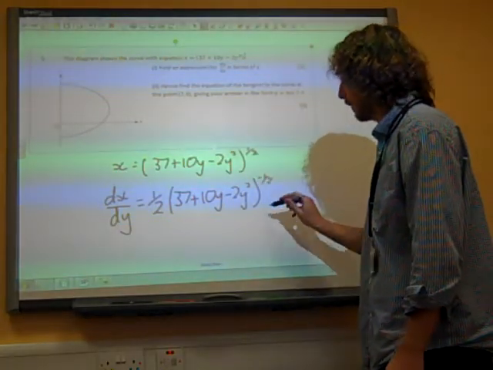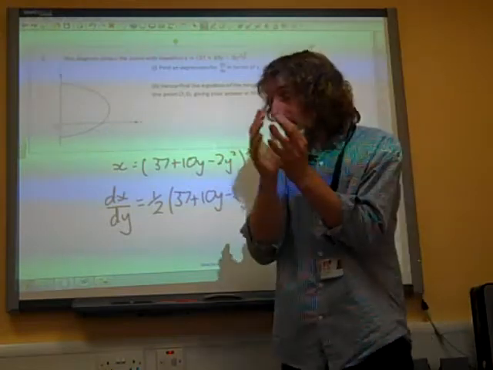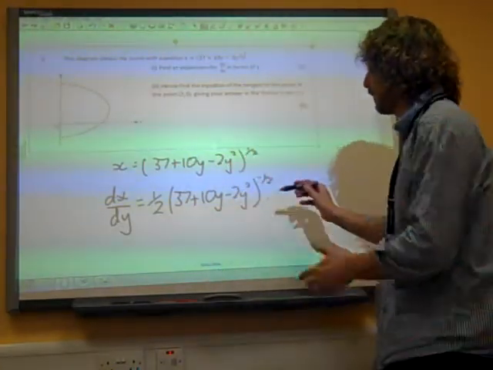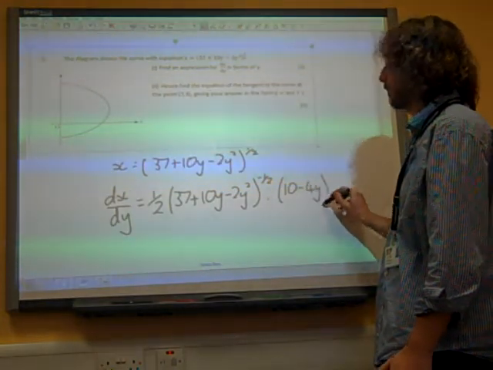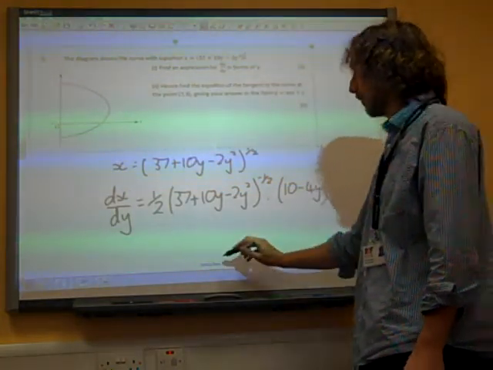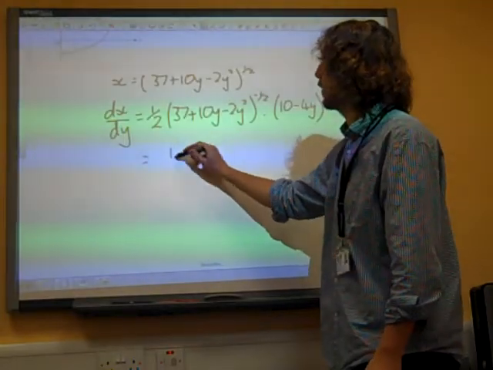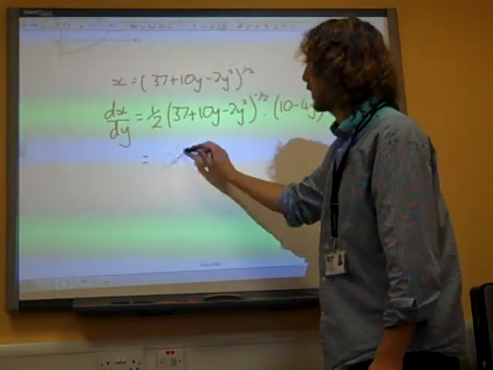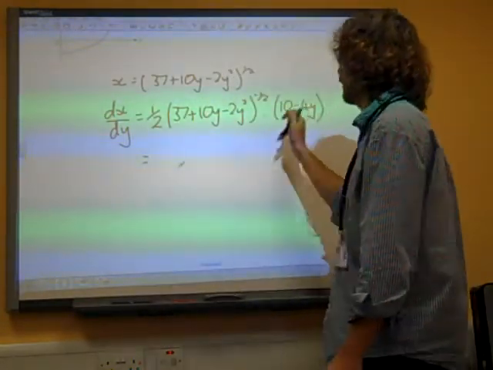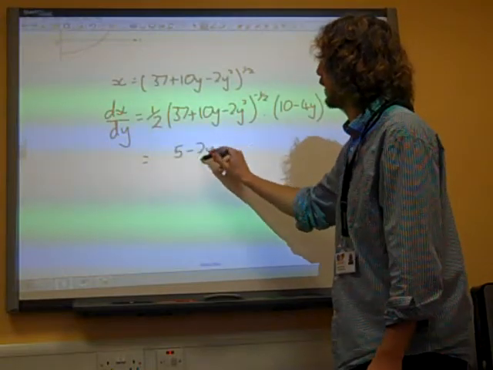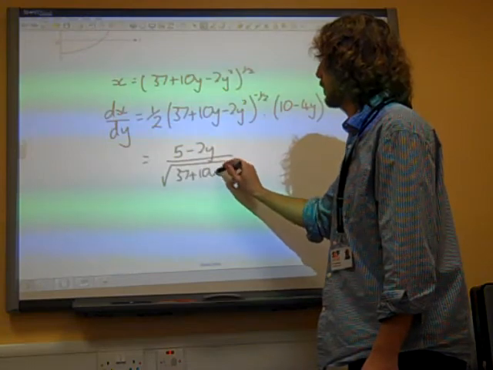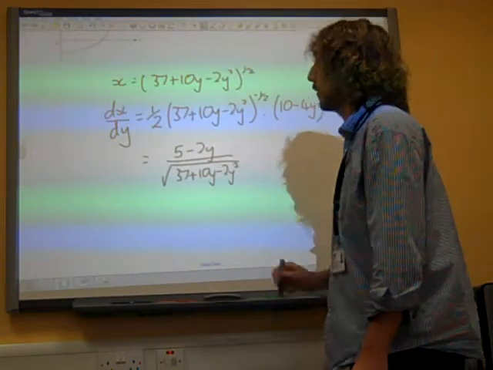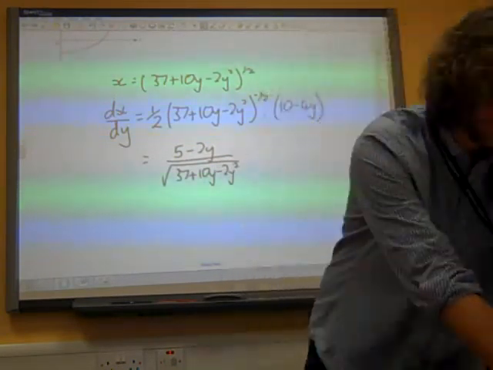And then minus a half, multiplied by the inside function differentiated, which is 10 minus 4y. It's not a very nice expression, but let's cancel out the half and we get 5 minus 2y over the square root of 37 plus 10y minus 2y squared. That's our first bit.